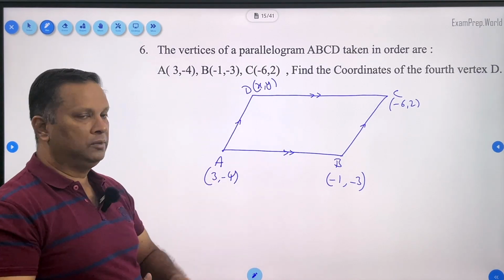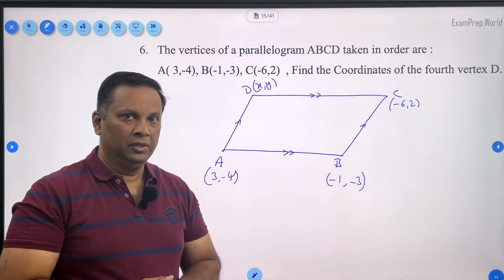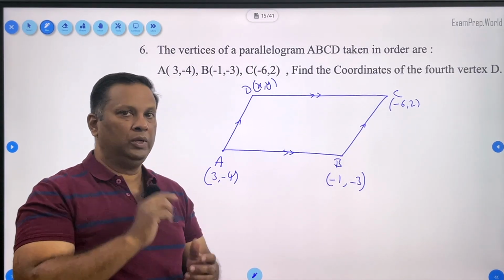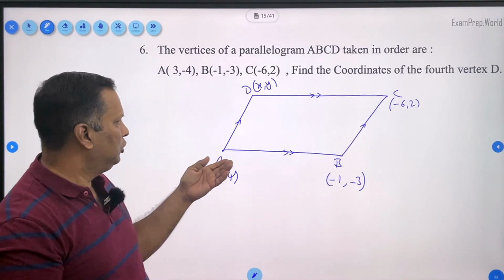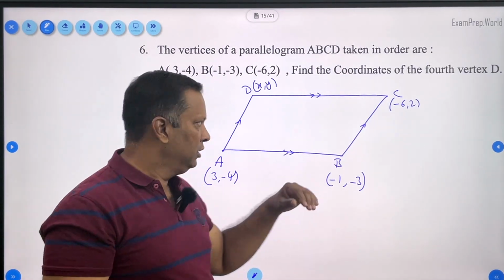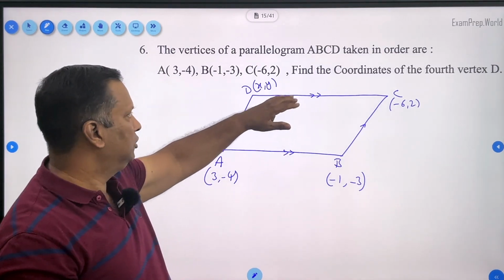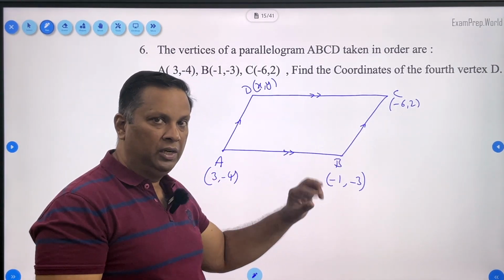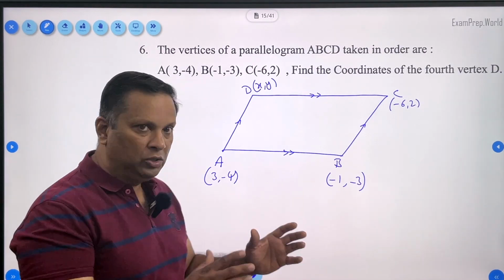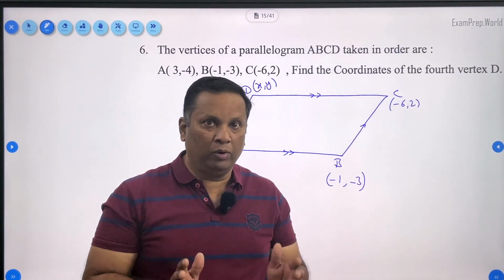How to find this? Now, you need to know one principle of the parallelogram. You can always go with distance, but it will be a very long way. Calculating the distance of this and the distance of this, you will get two values in x square, y square. It is a very long process. The simplest way: a parallelogram has a very important property.